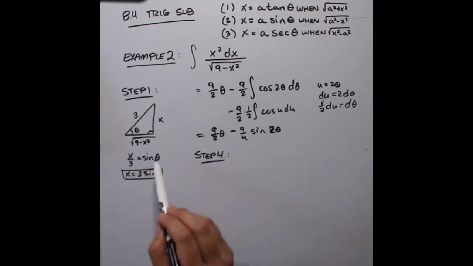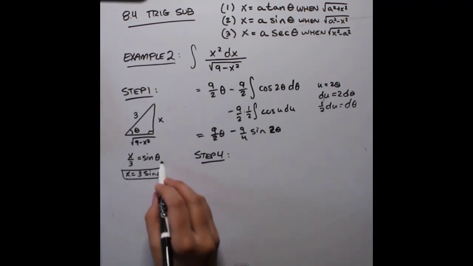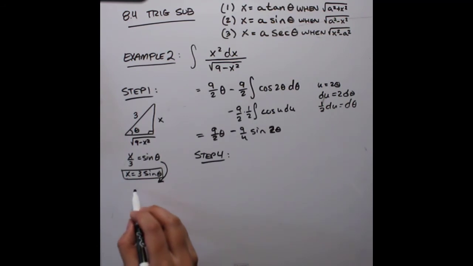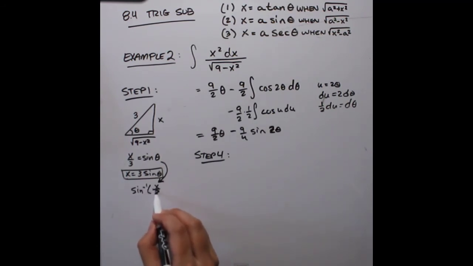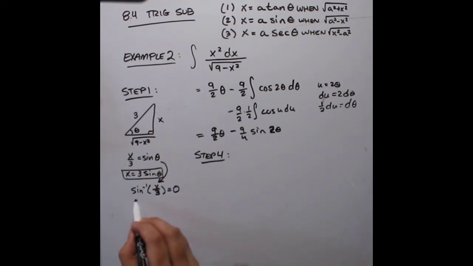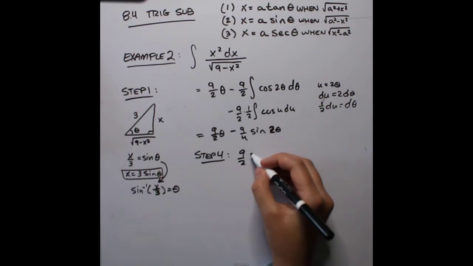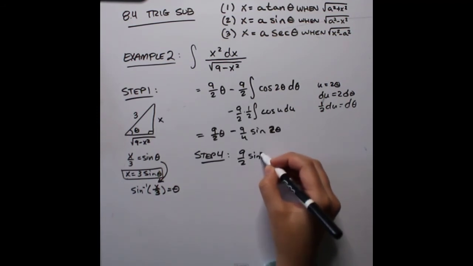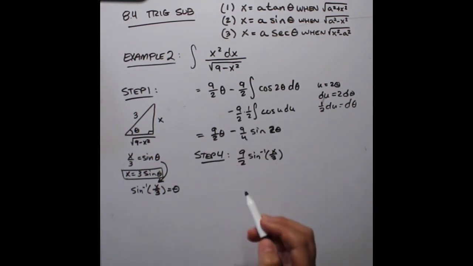So right here we have to use sine inverse. Sine theta is x over 3, so sine inverse of x over 3 is theta. So we substitute that in, and we have 9/2 times sine inverse x over 3 for our first term.